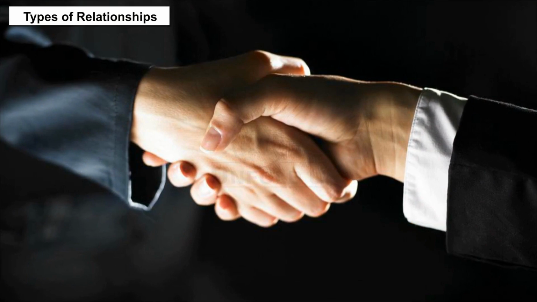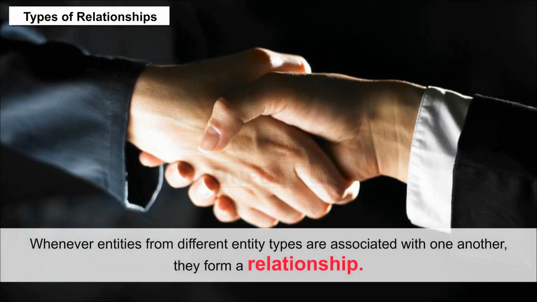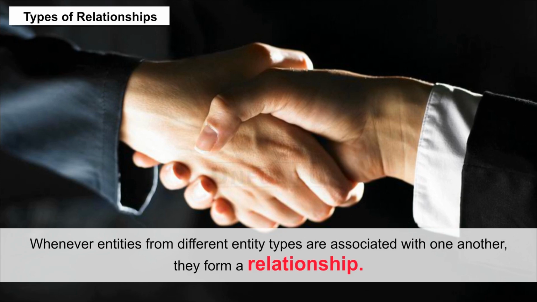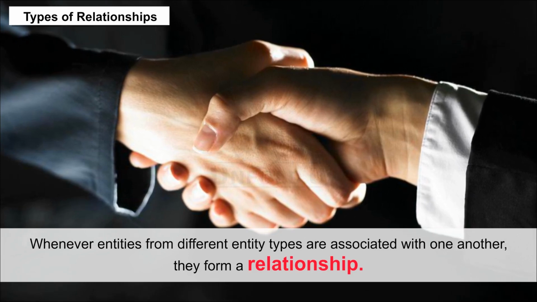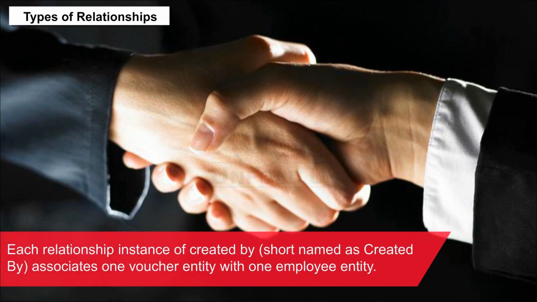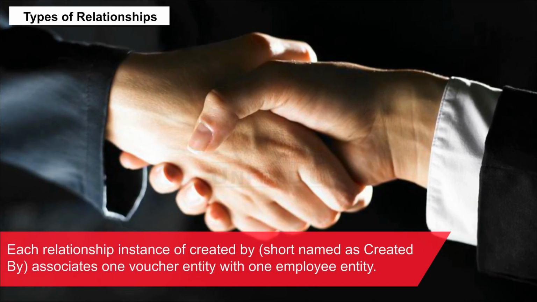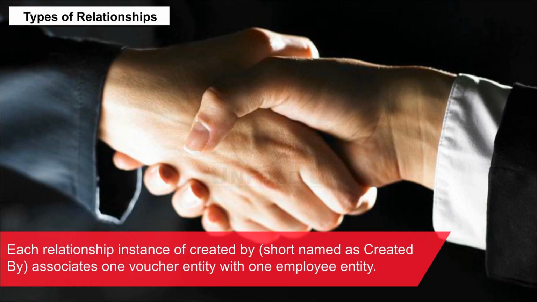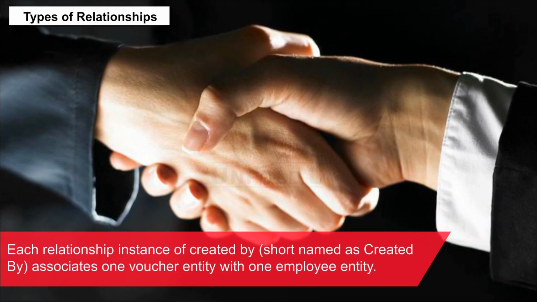Types of relationships. Whenever entities from different entity types are associated with one another, they form a relationship. Each relationship instance of created by, short-named as created by, associates one voucher entity with one employee entity.